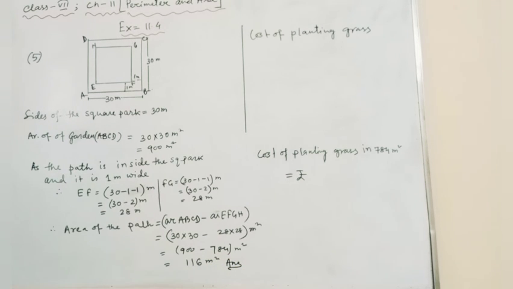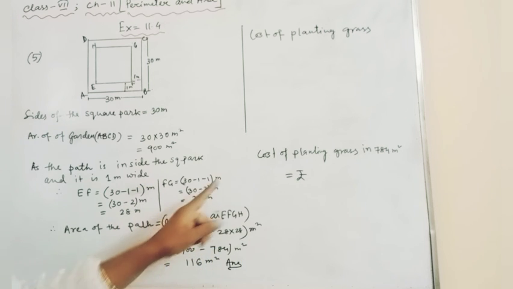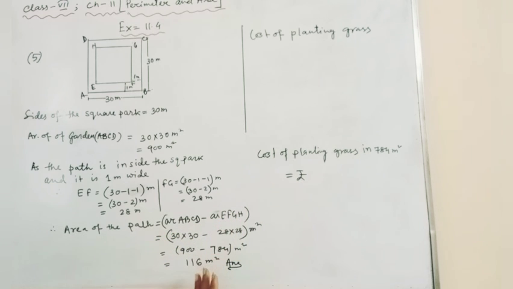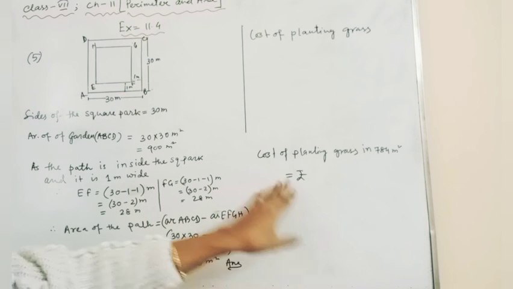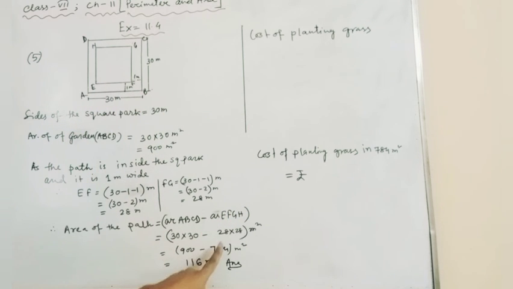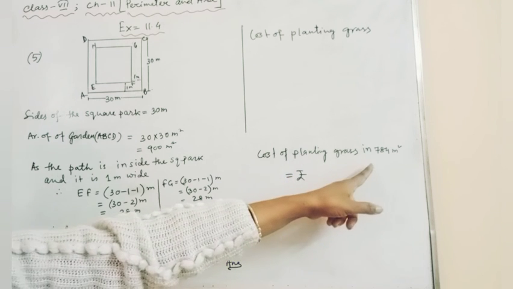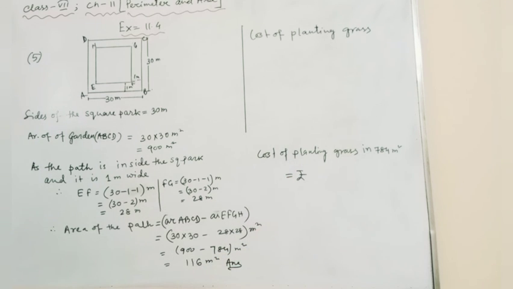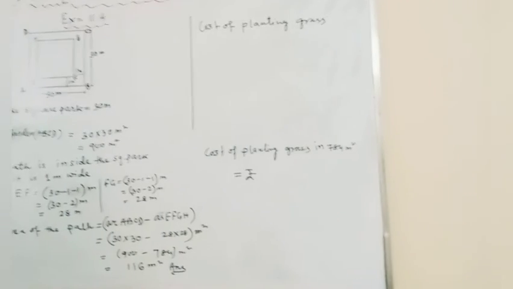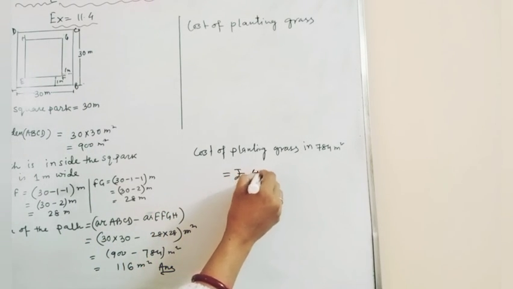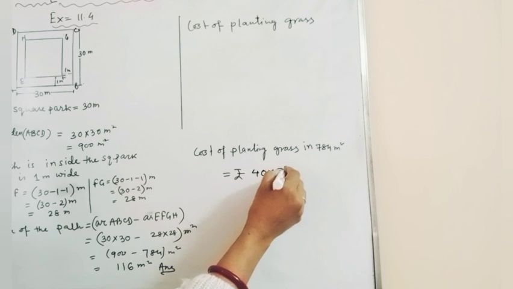Now the next question is the cost of planting grass in the remaining portion of the garden, that means excluding the path. The remaining portion of the garden is 28 into 28. So the cost of planting grass in 784 meter square, at the rate of rupees 40 per meter square, will be rupees 40 into 784.